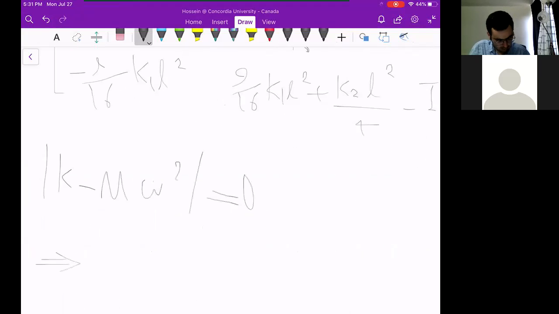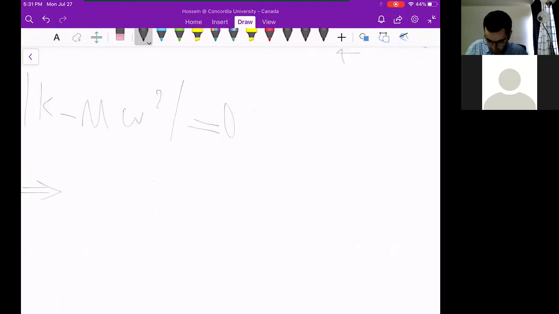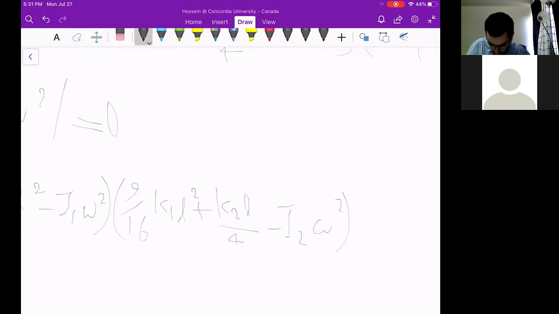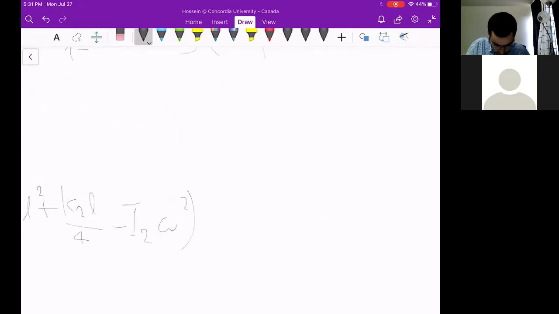Then (9/16 K1 L squared minus I1 omega squared) times (9/16 K1 L squared plus K2 L squared/4 minus I2 omega squared) minus 81/256 K1 squared L to the power 4 equals 0.